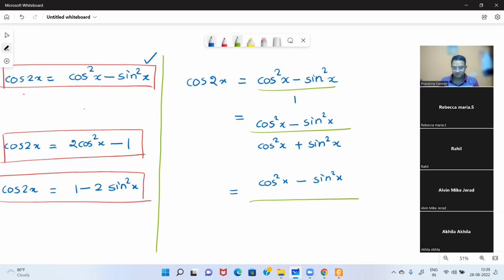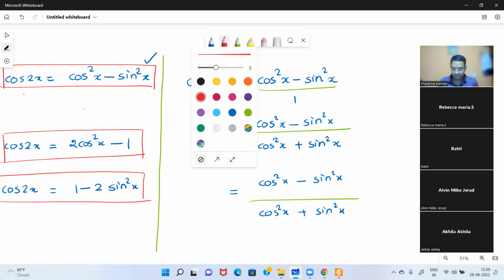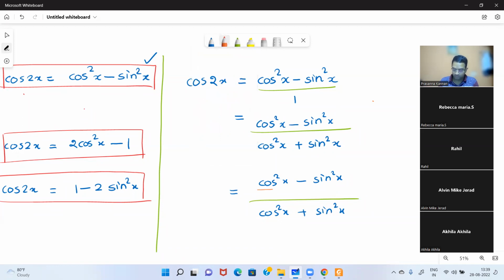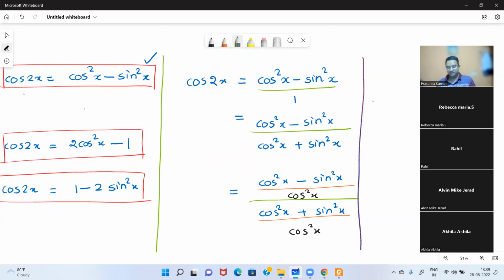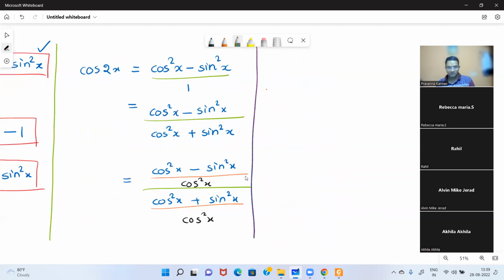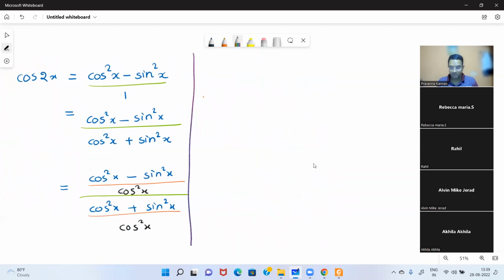So cos square x minus sin square x divided by cos square x plus sin square x I'm having. What I'm going to do now is divide this numerator and denominator both by cos square x, just like how I did for the sin 2x. Now what am I going to get?